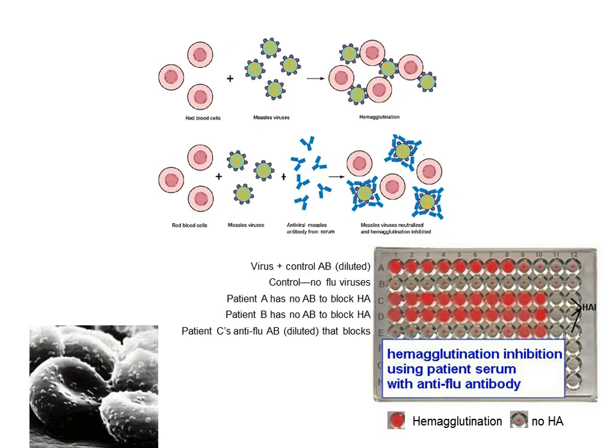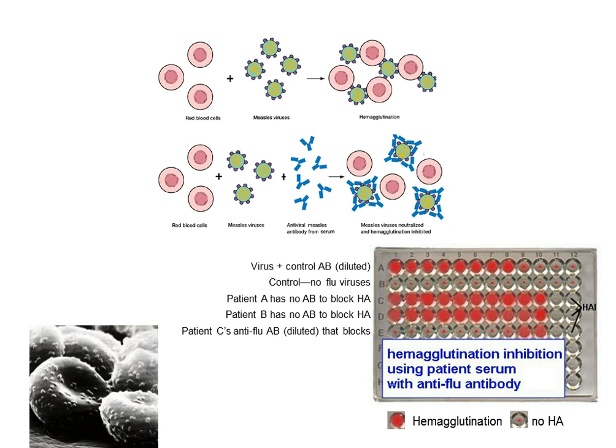You get a binding between the cells and the antibody-antigen reaction, and because of the red color of the cells, you get a much more obvious reaction that's much more visible.